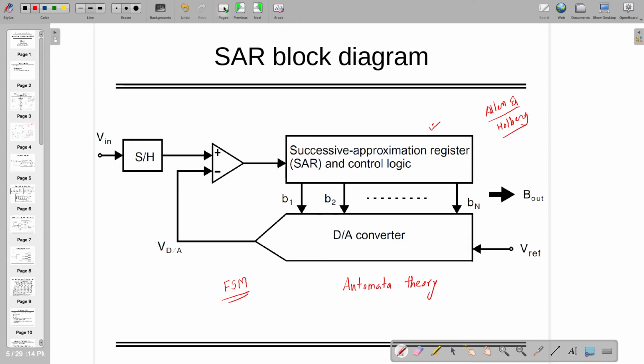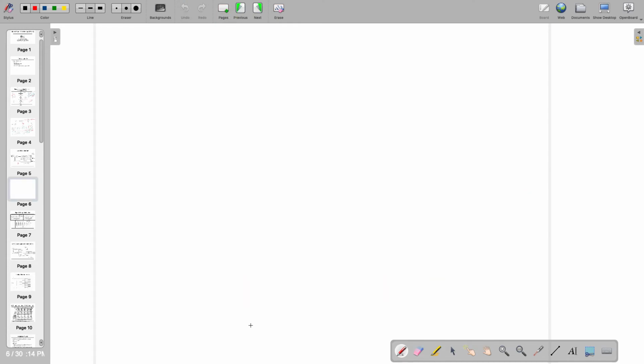So let's make an FSM. The following rules apply. Anything I draw in a circle is the name of a state. At the beginning, I am making just 4 bits. If you see an arrow, on top of that arrow there might be two pieces of information, x comma y.